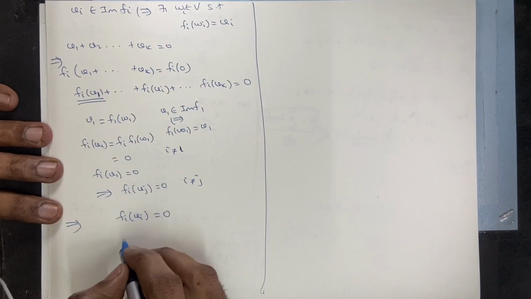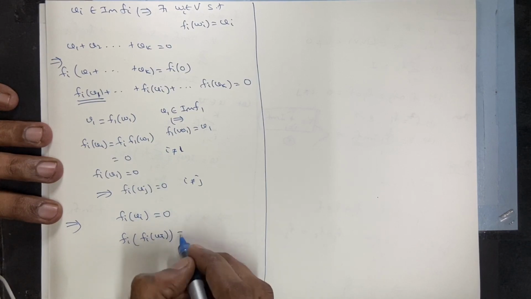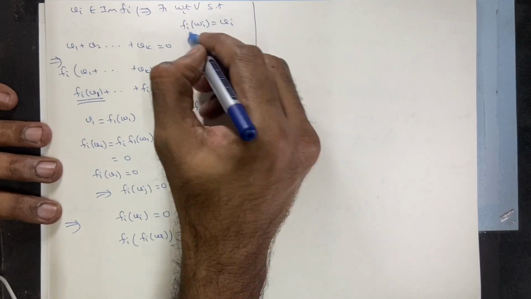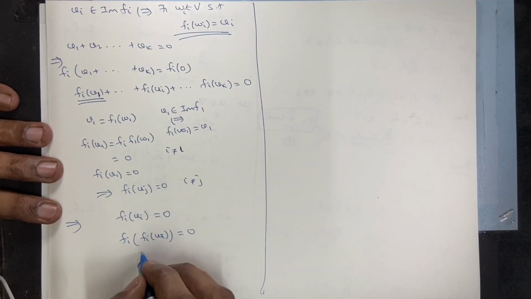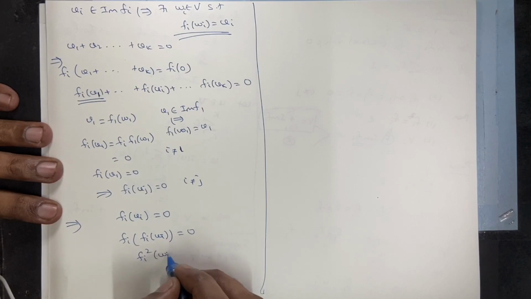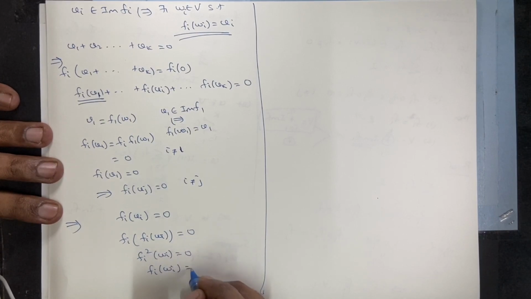Now what is this? Fi of Vi is 0, and from the definition of image of Fi, this is nothing but Fi square of Wi is 0. But Fi square is Fi because it's an idempotent operator, therefore this is equal to Fi of Wi equal to 0.